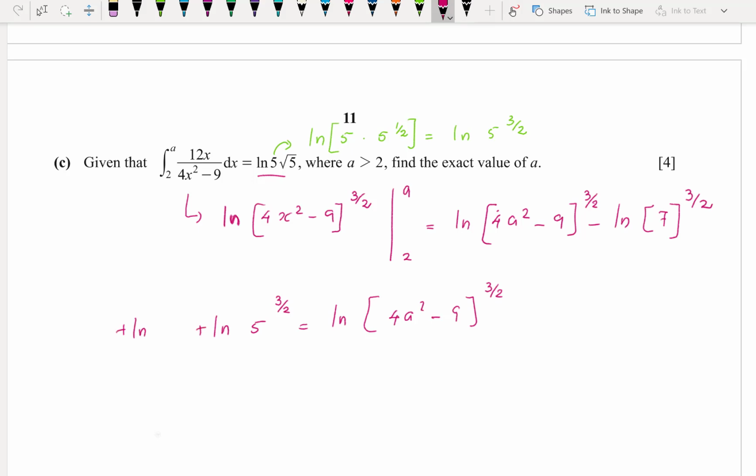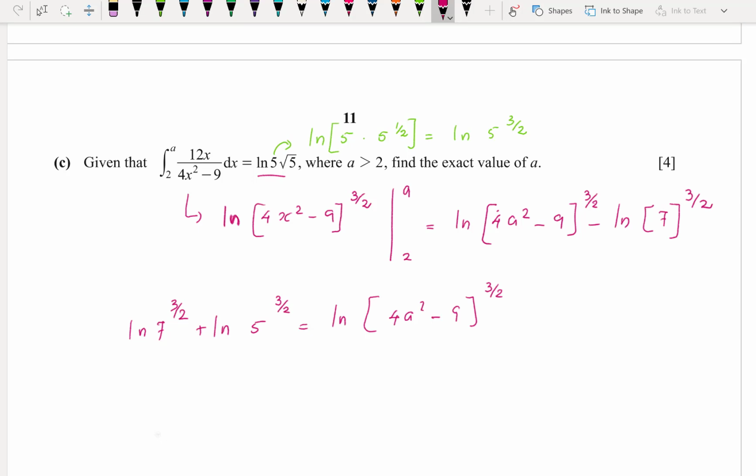We can write it as ln 4a square minus 9 divided by 7. The entire power is 3 by 2. Okay. Again, Amrita? Yeah, I think it's the same thing either way. Now maybe with these numbers, we could actually combine these things.